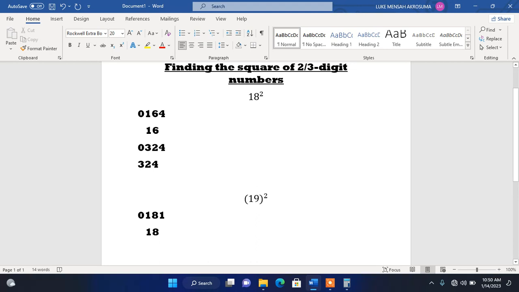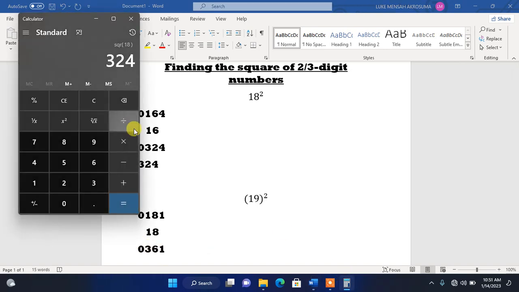So finding the sum of the two numbers, over here we are obtaining 361 as the answer. Let's check with our calculator. 19 squared, 361 as expected.